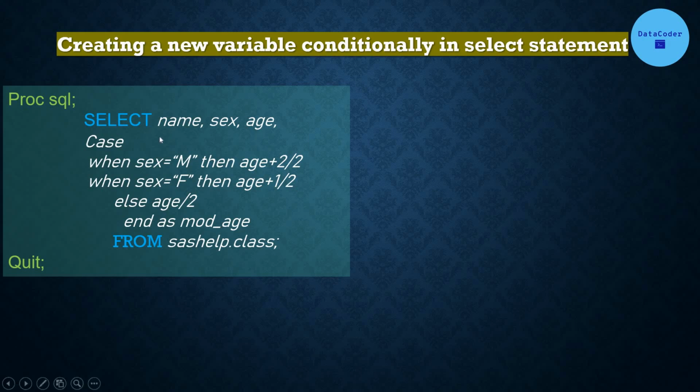So here if you see, select name, sex, age, case, when sex equal to male, then age plus 2 by 2. When sex equal to female, then age plus 1 by 2. Else age by 2, as mod age. So all these calculations will happen, and the result will be stored as mod age from sashelp.class.